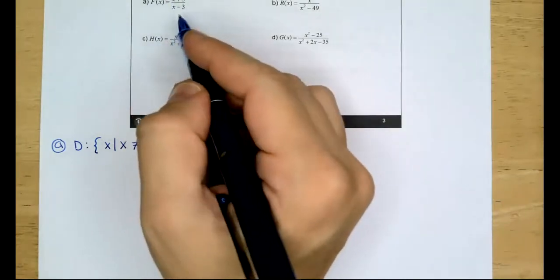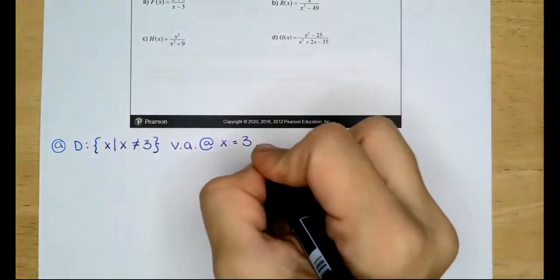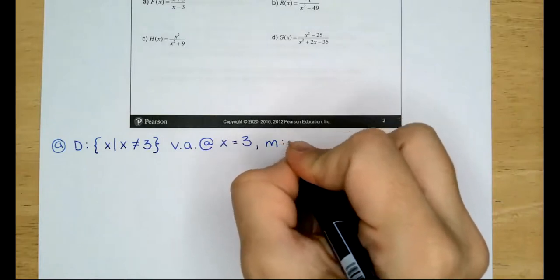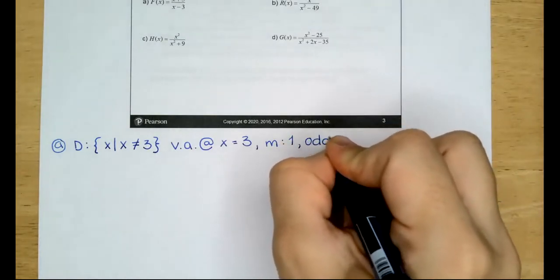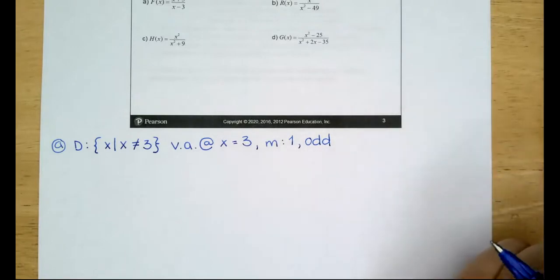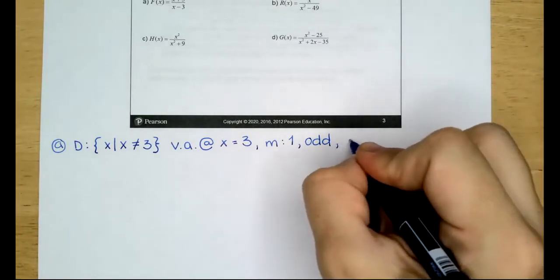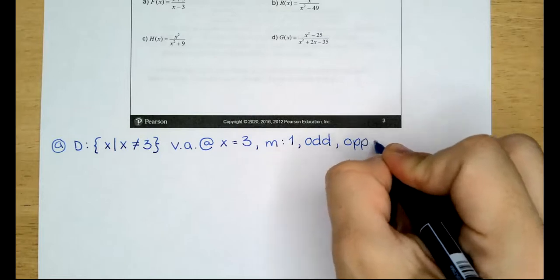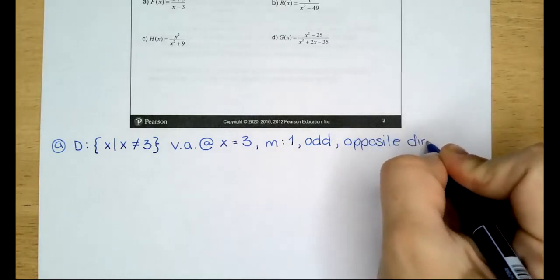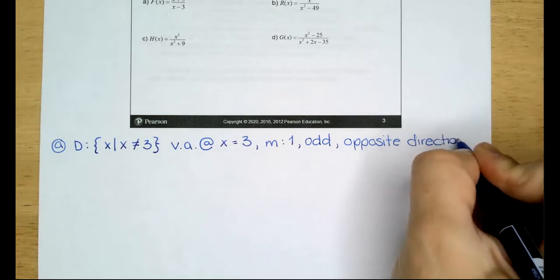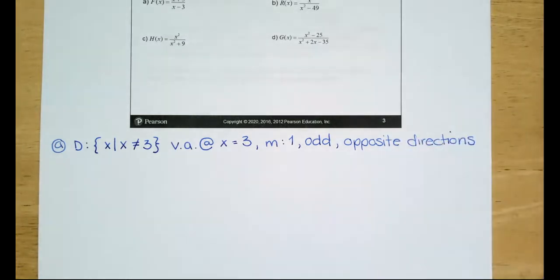This x minus 3 has a multiplicity of 1. 1 is odd. So it's approaching from opposite directions. We should have a vertical asymptote at x equals 3, and the graph should approach from opposite directions.